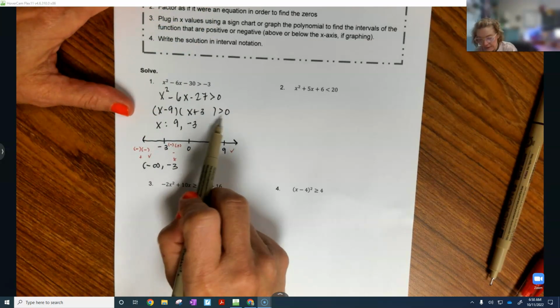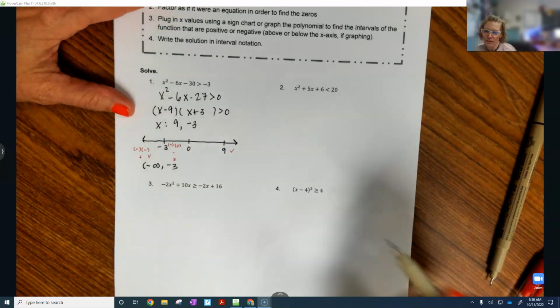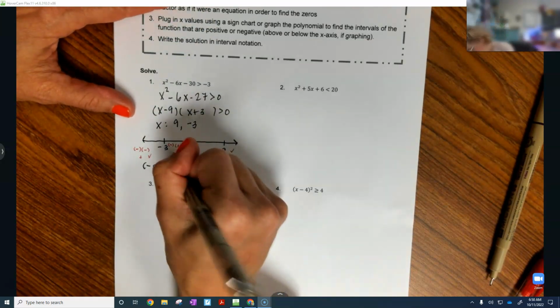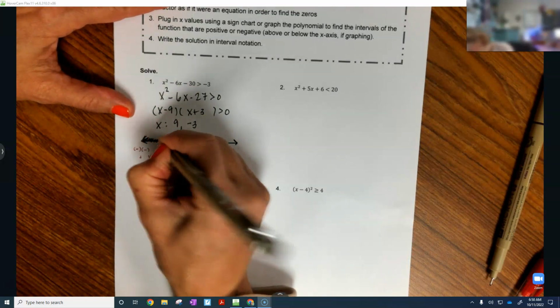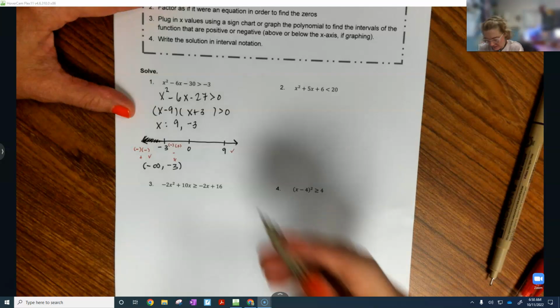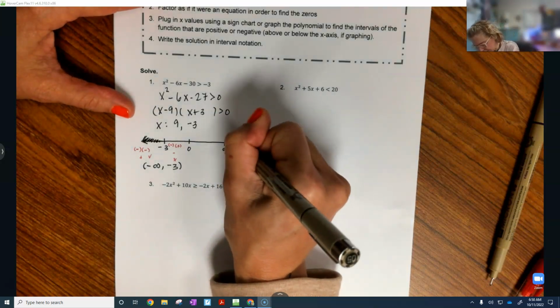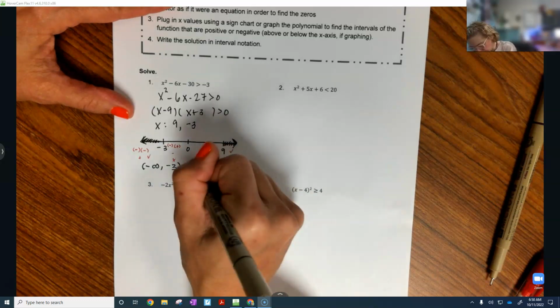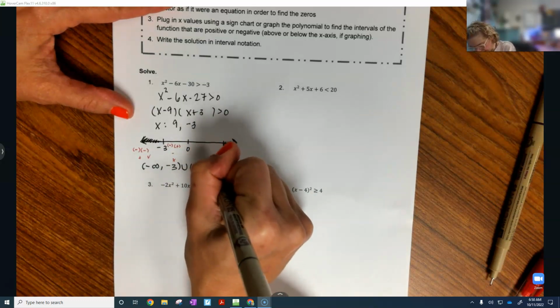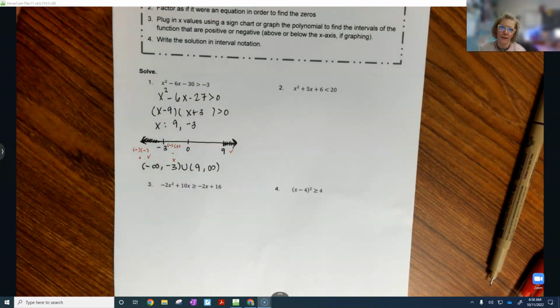But remember that -3, we're not going to include that because it wasn't part equal, so put parentheses around it. So remember, we had this portion that was true, or we have this little end piece down here that was true. So I'm going to use my or symbol, and remember, this is going to be 9 to positive infinity.